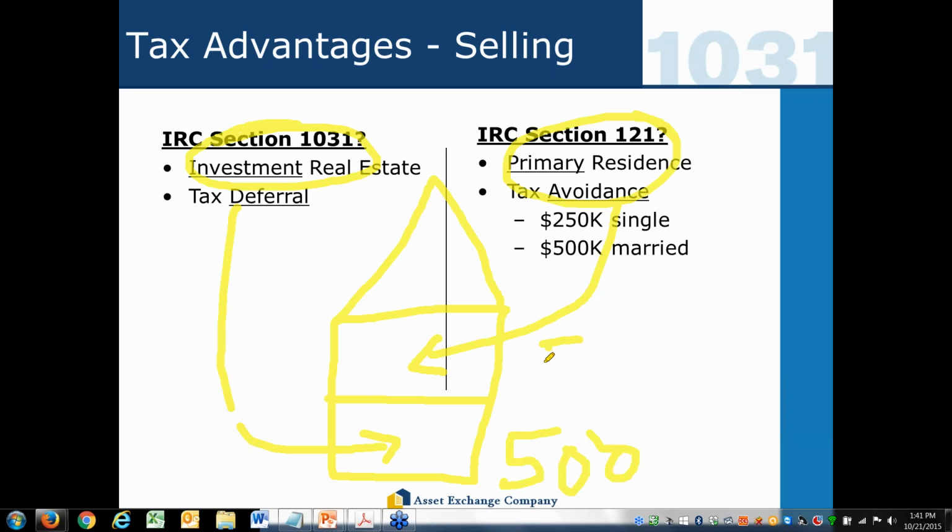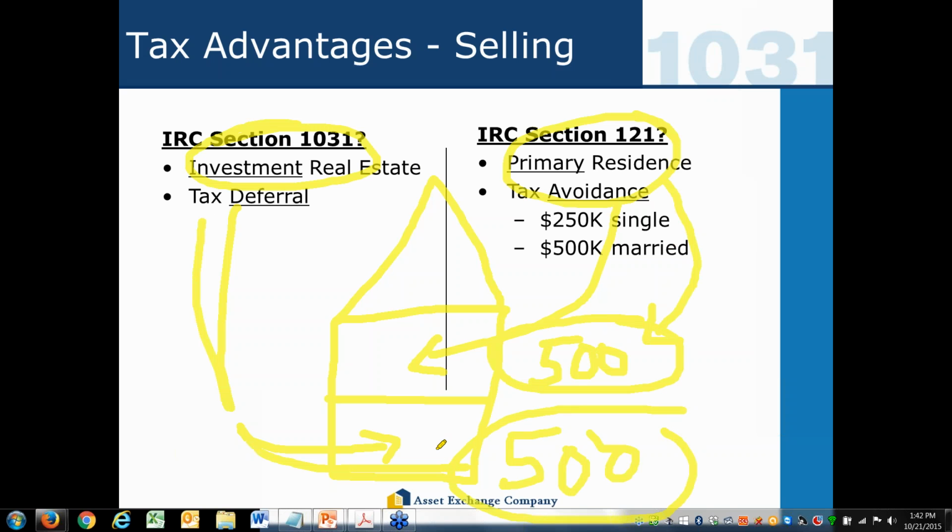And you're going to take the homeowner's exemption on the value of the top unit. You're selling a $1 million building. Half of the unit you live in, the other half you rent out. You get to take the homeowner's exemption and avoid taxes on the unit you live in, and you get to take a 1031 exchange on the unit that is being rented.